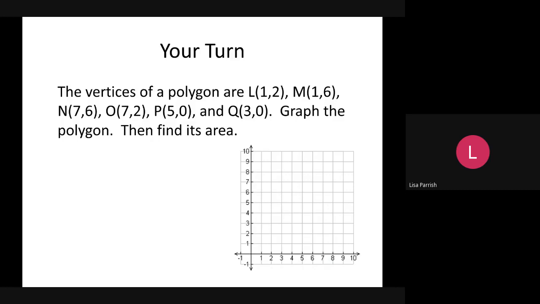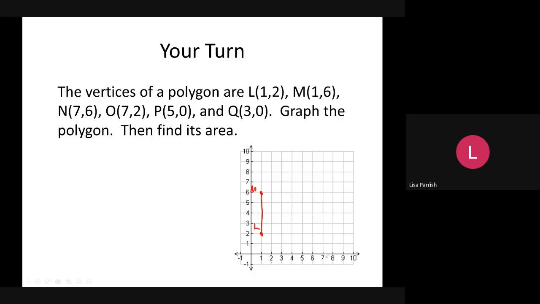Last example, I'm going to do one more. Let's again start by plotting your points. Point L is at 1, 2. So go over to the 1 and up to the 2. Okay. Point M is 1, 6. Go ahead and connect that. N is 7, 6.